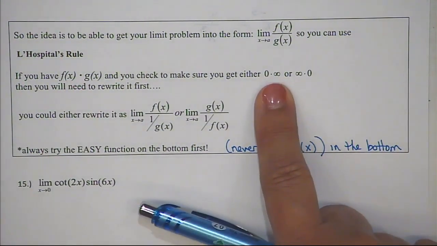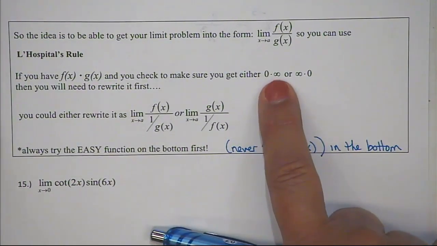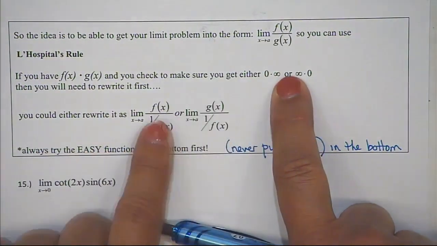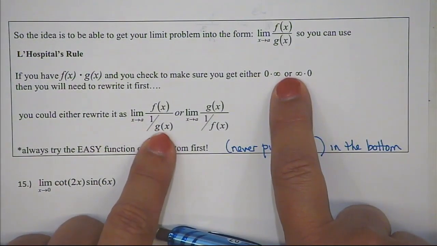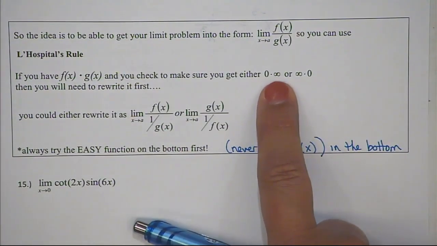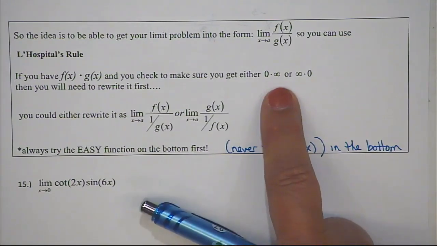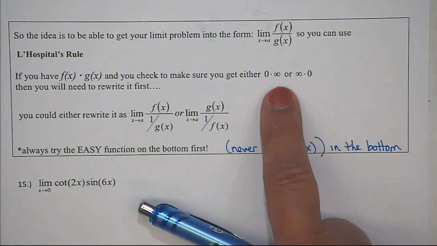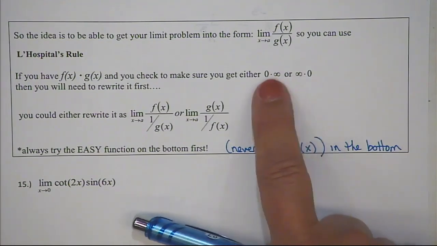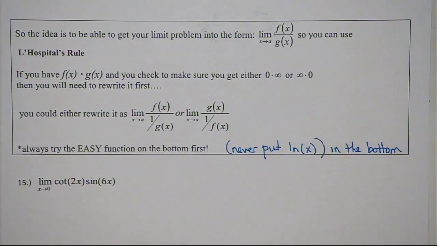So if you get 0 times infinity, and then you take the infinity part, whatever that function is, and write it as 1 over that problem in the bottom, that changes to 0, right? Because if you got a really big number, 1 billion, and then I write 1 over 1 billion, that changes it. Instead of being infinity, it's getting closer to 0, right? So that's why we do that. So you're looking for this combination. That's going to help you get the L'Hopital's rule form.